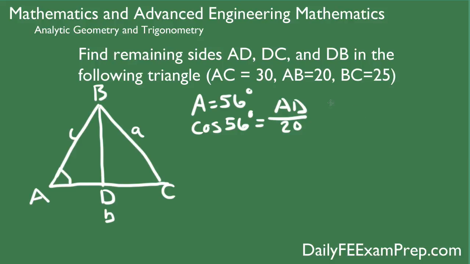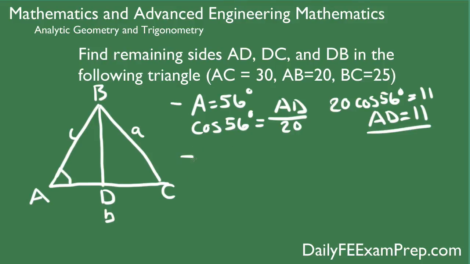So 20 cosine 56 degrees is equal to 11. So AD is equal to 11. All right. Now let's go ahead into the next one.